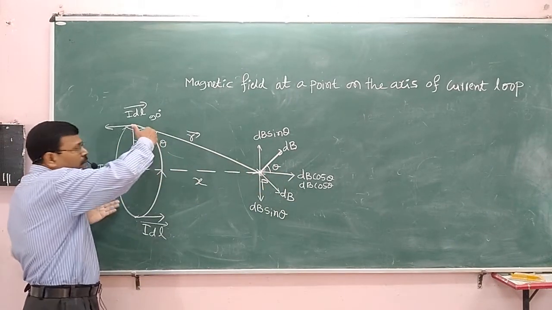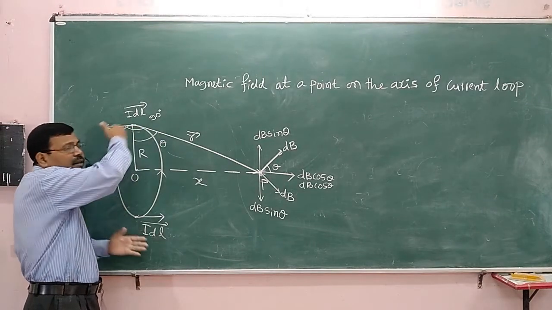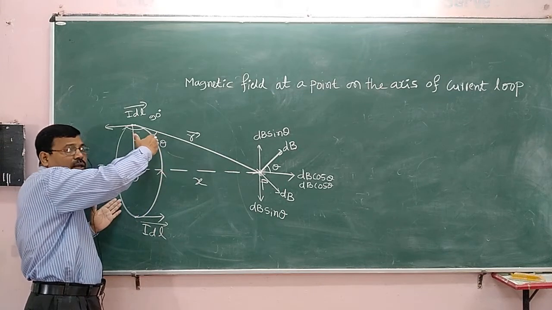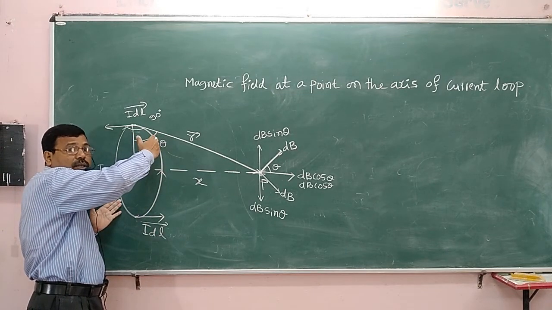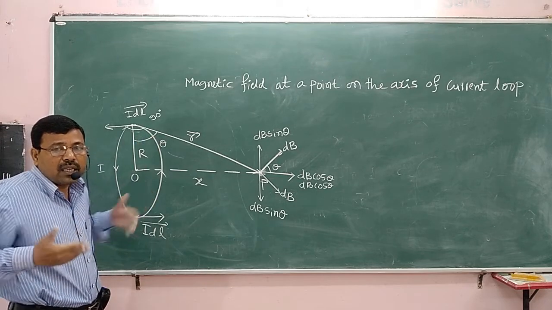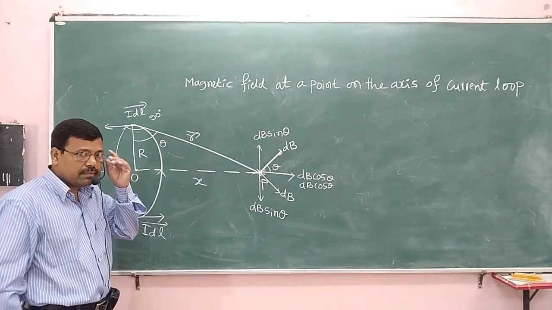Like this, we can consider plenty of current elements which are diametrically opposite. Their dB sin thetas will be cancelled. dB cos thetas will be added.